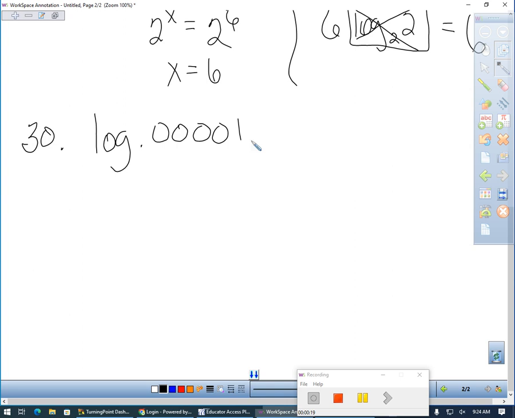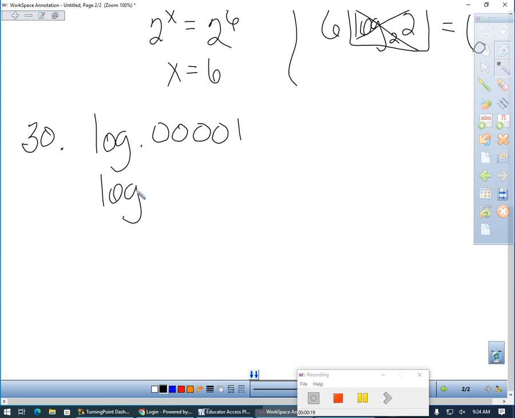All right, so first of all, if we were to change this, we can rewrite this as log.